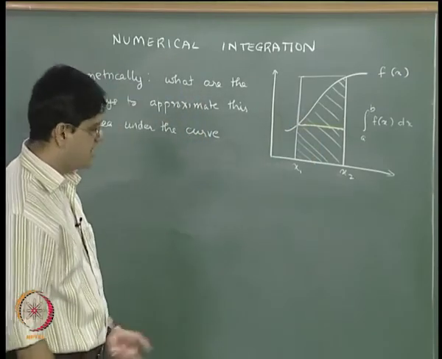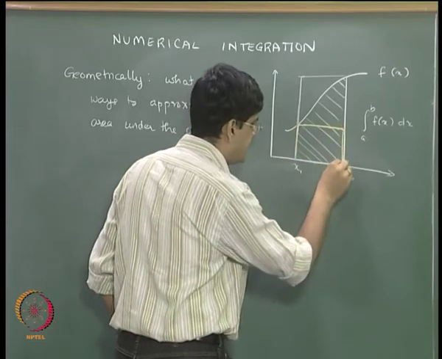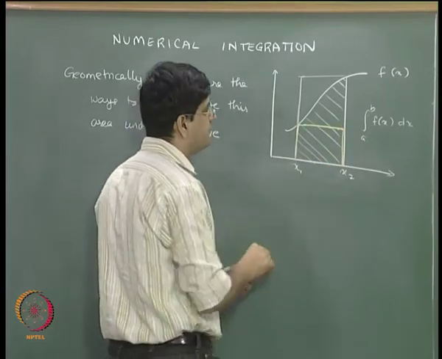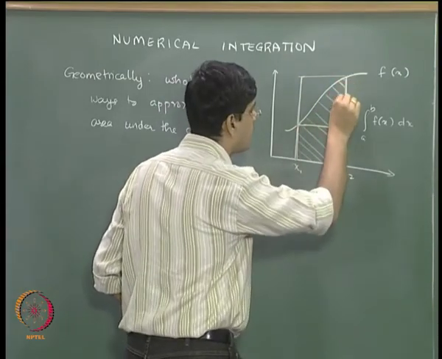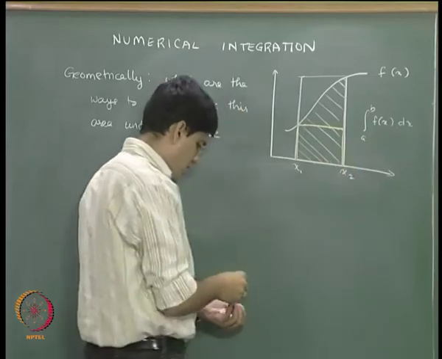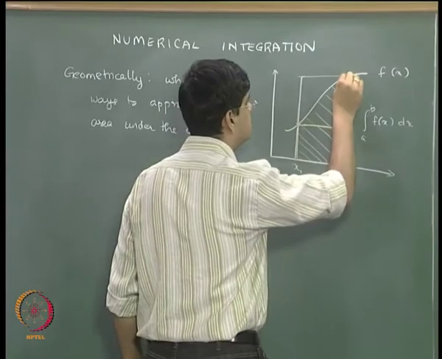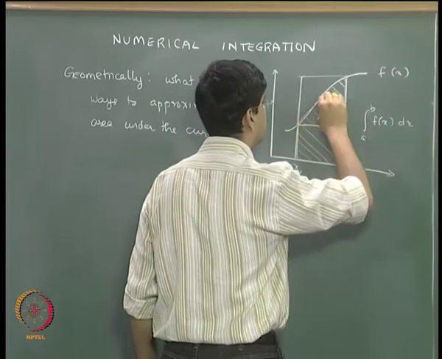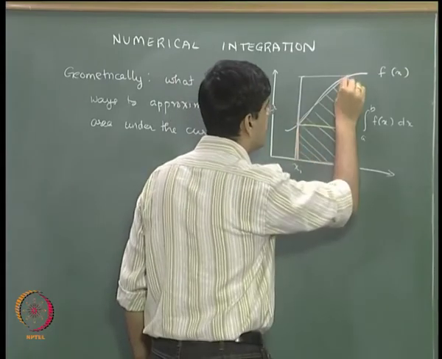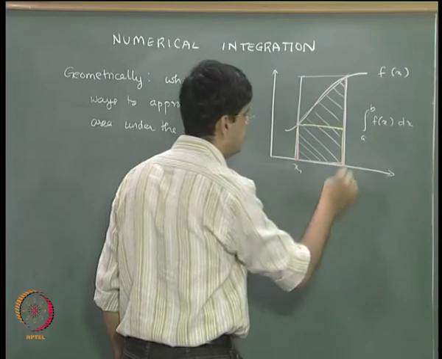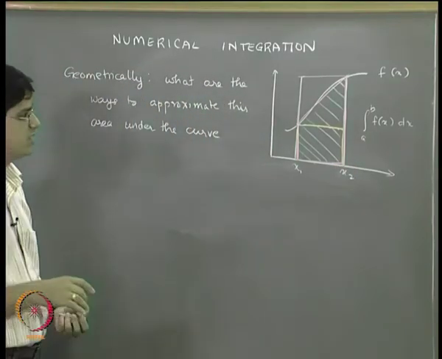Okay, so the first area is the yellow rectangle, the second area is the purple rectangle, and the third area is you connect this point with a straight line, and the third is the area under the trapezoid. Okay, so based on this we have three different numerical approximations.